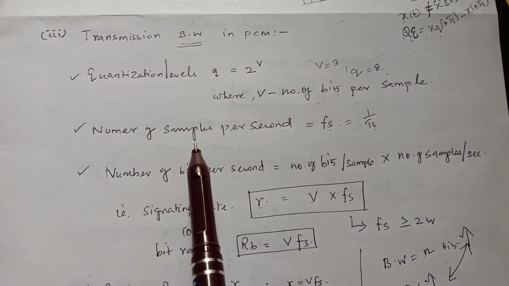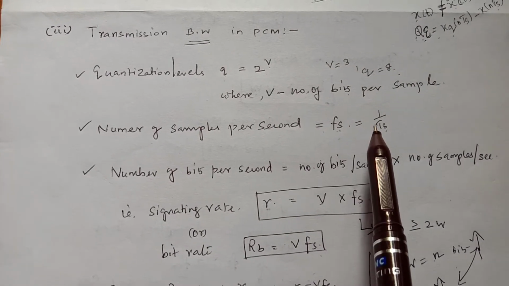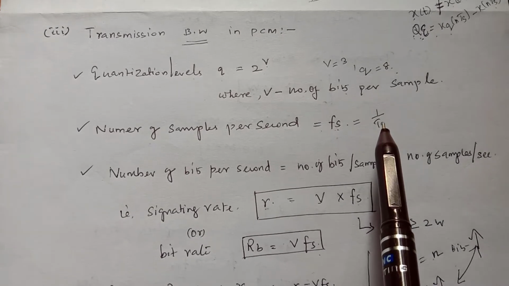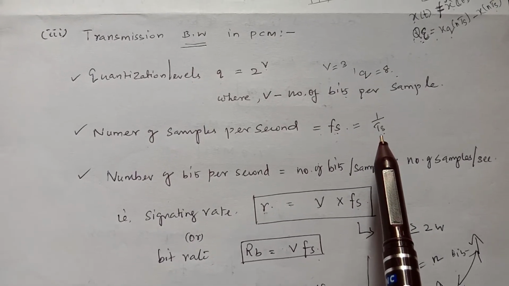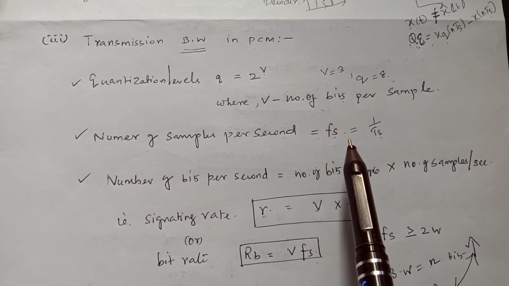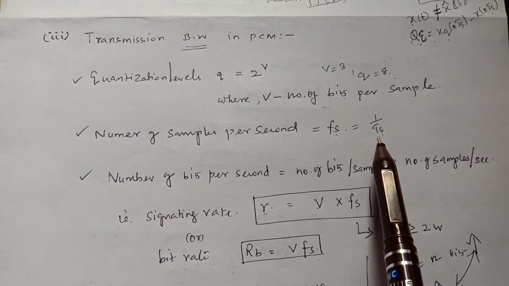Similarly, the number of samples per second, that is your frequency, is denoted as 1 divided by ts, where ts means the sampling time period. So the sampling frequency is inversely proportional to the sampling time period.